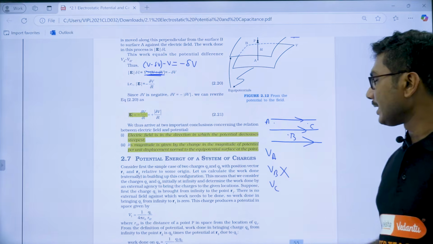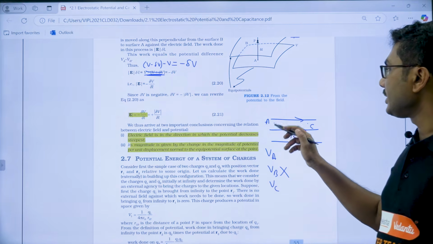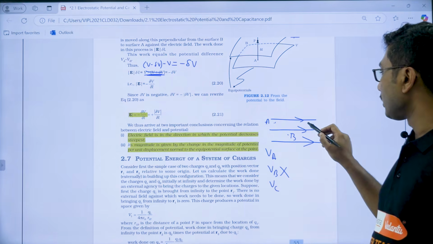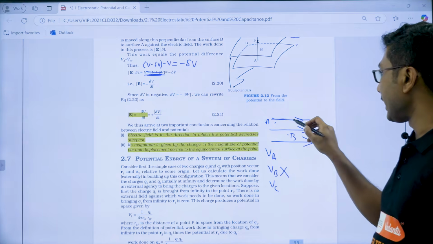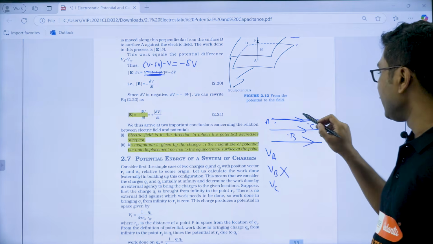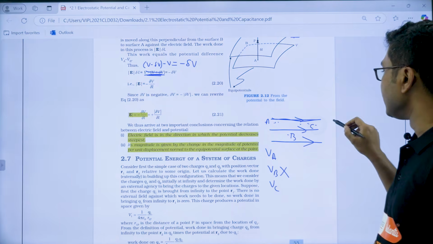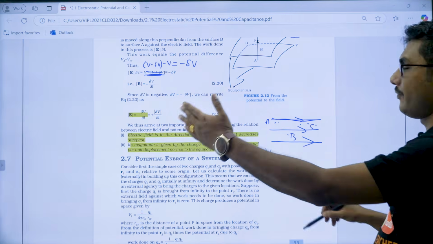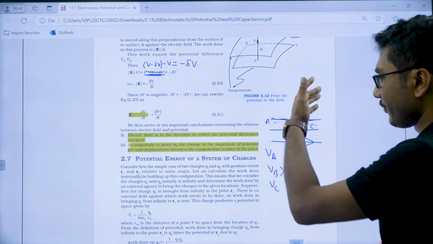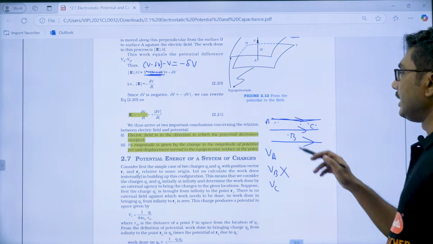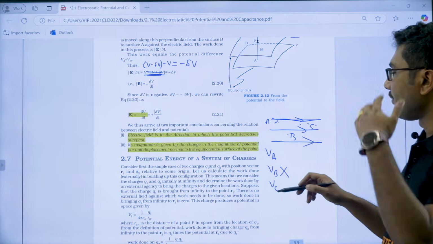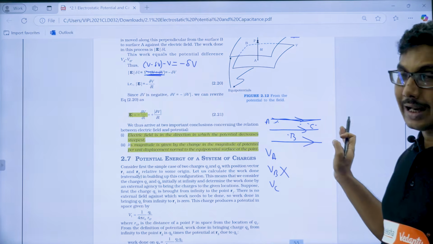So, you have to understand that electric potential is always lowest in the direction of the electric field. So, this is the direction of electric field, and along it electric potential will slowly decrease. As you are moving from left to right, electric potential will be highest on your left hand side and lowest on the right hand side.